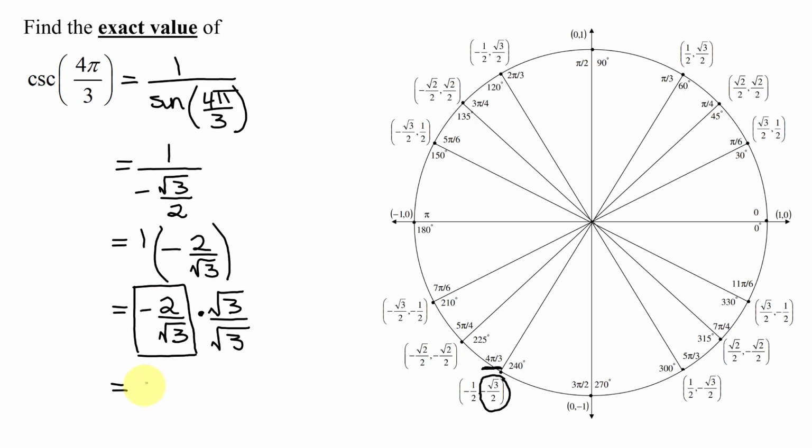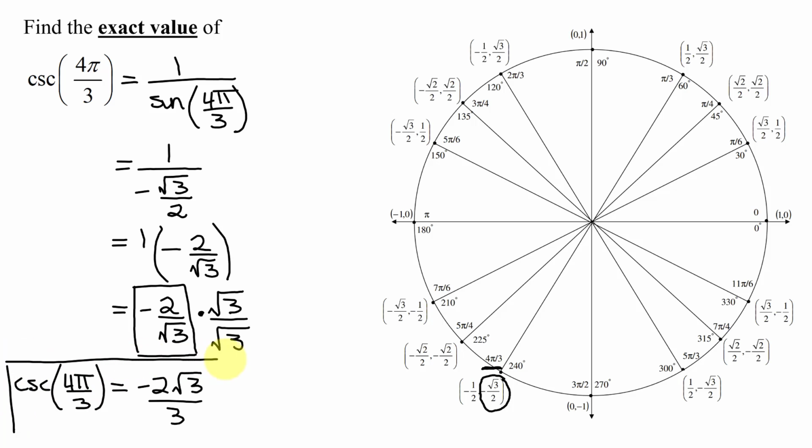You get negative 2 times the square root of 3 divided by the square root of 3 times the square root of 3 is the square root of 9, which is 3. So the cosecant of 4 pi divided by 3 equals negative 2 times the square root of 3 over 3.